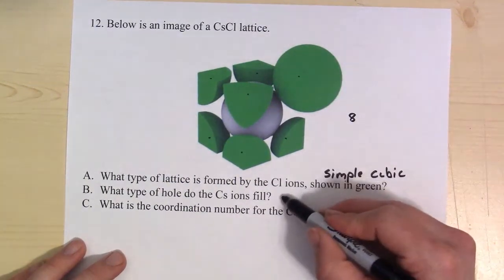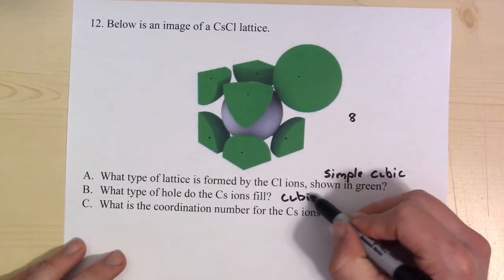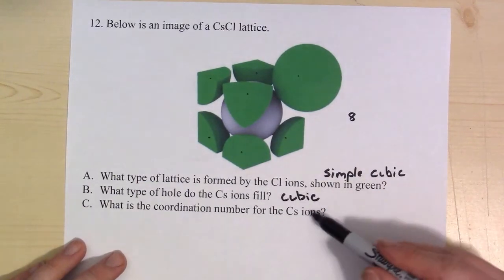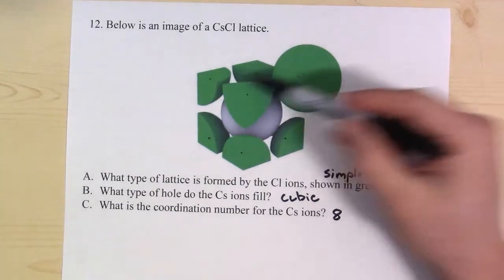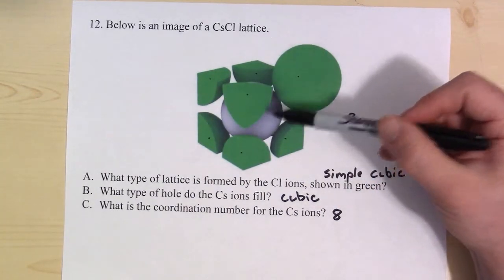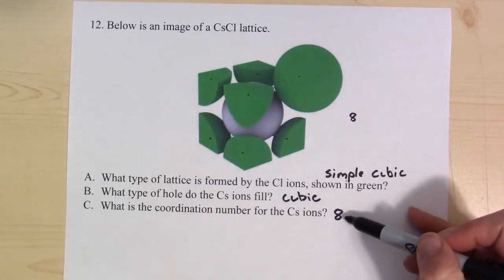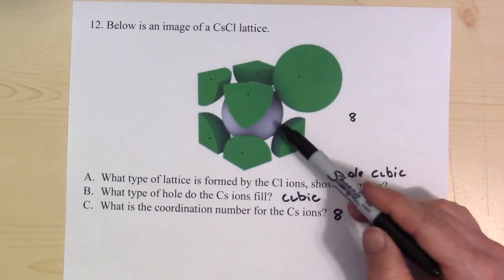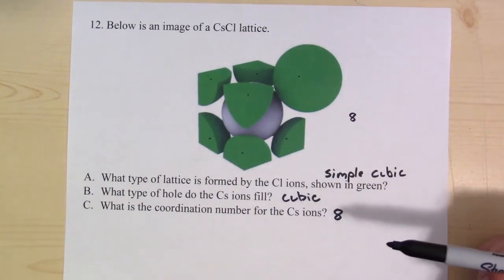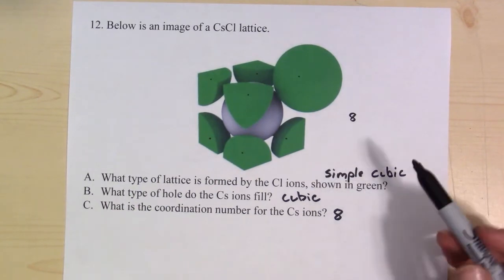That is going to mean that the hole is a cubic hole because the coordination number for cesium is 8. So each of the 8 chlorines are all touching the central cesium. So there's 8 as the coordination number for cesium. And if the central cesium has a coordination number of 8, then the hole is going to be a cubic hole.